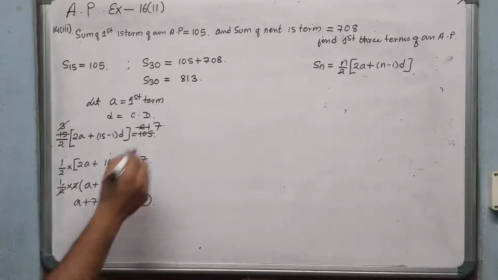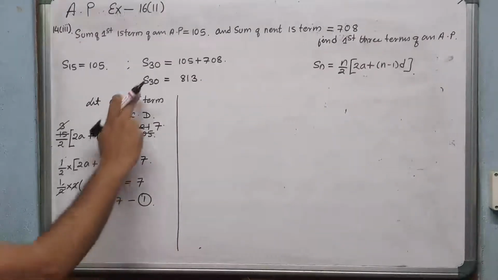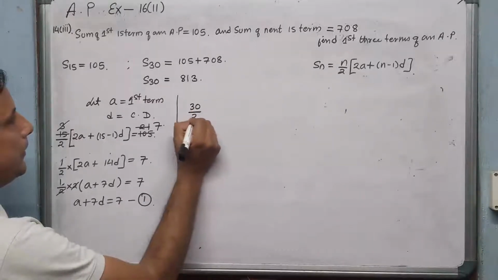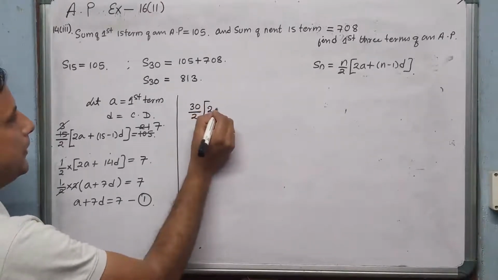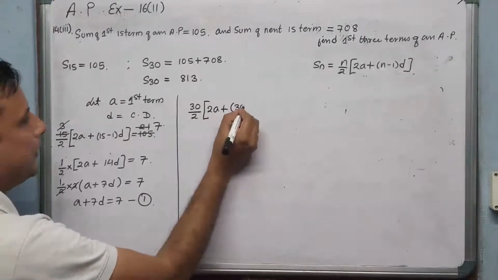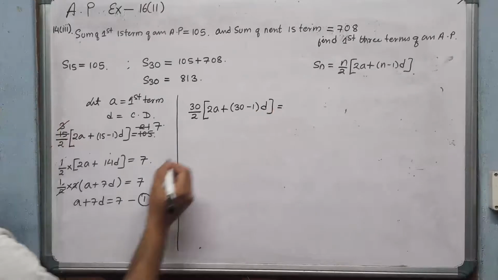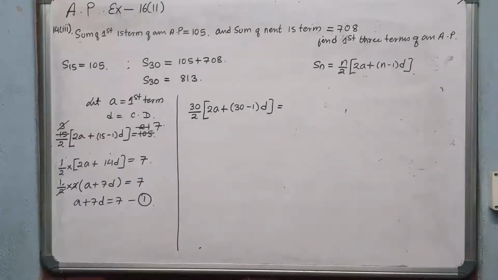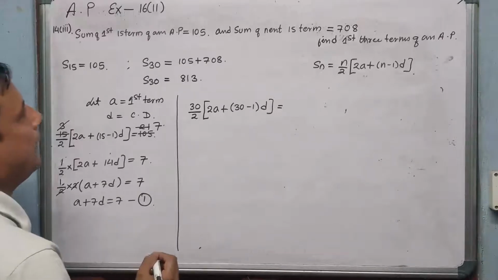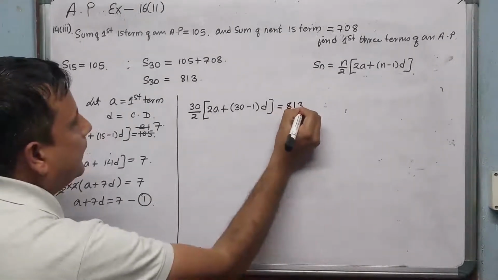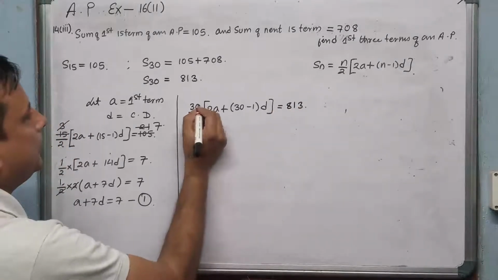Now next equation, S30. S30 is 30 over 2 into (2a plus (30 minus 1) into d) equal to 813. 2 15s.